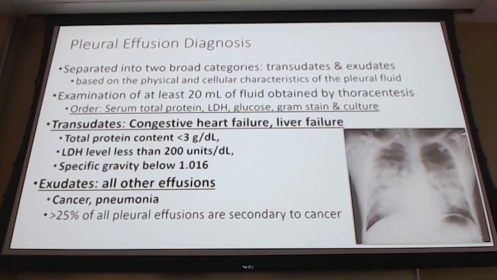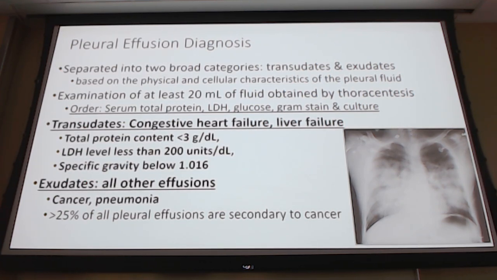When you have congestive heart failure or liver failure, basically when your fluid total protein content is less than 3, your fluid to serum LDH ratio is less than 0.6, your LDH level is less than 200, and your specific gravity is below 1.016, it's going to be transudate.